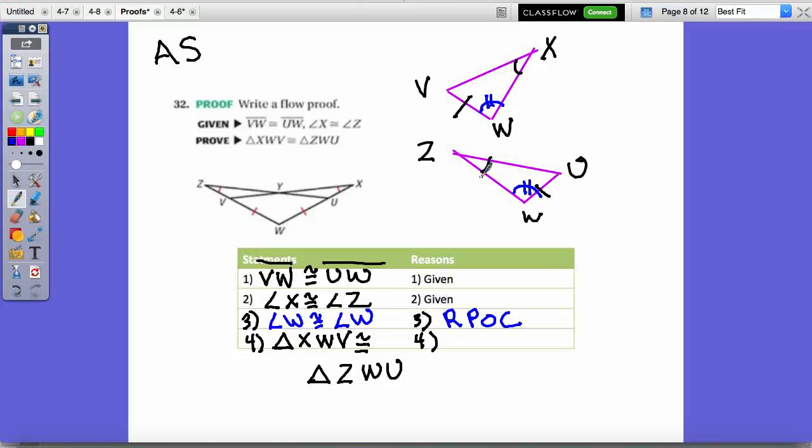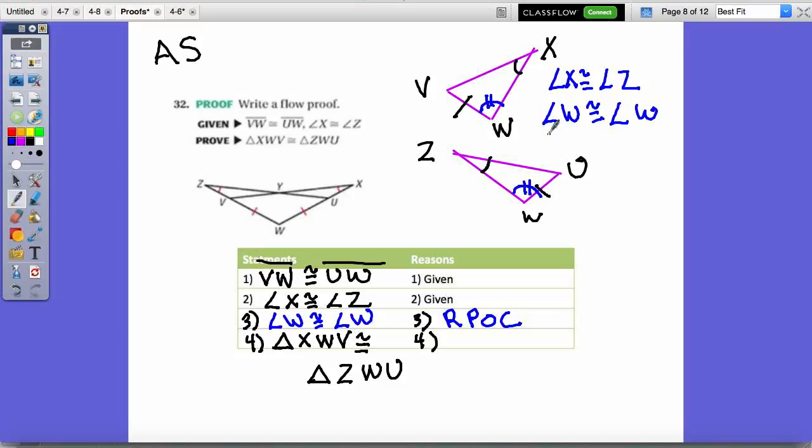So now I have two angles. Let's just look here. I have angle X is congruent to angle Z. I have angle W is congruent to angle W.